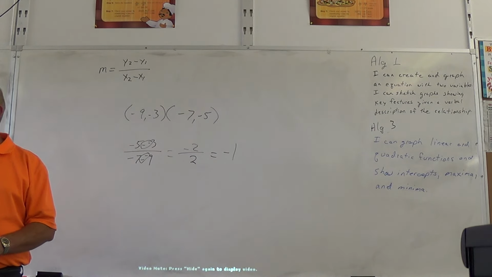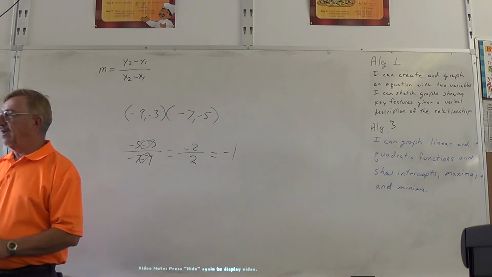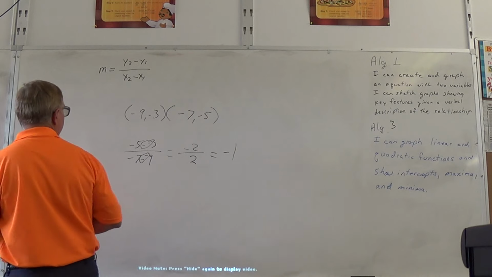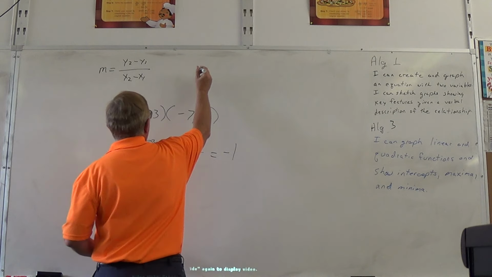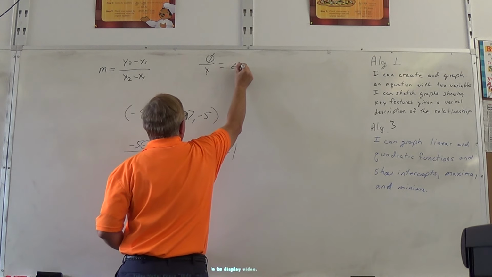Number 3, Celeste. I did 9 minus 9 over 2 minus 5, and I got 0. Wouldn't that be no slope? I put 0 over -3, which is 0.